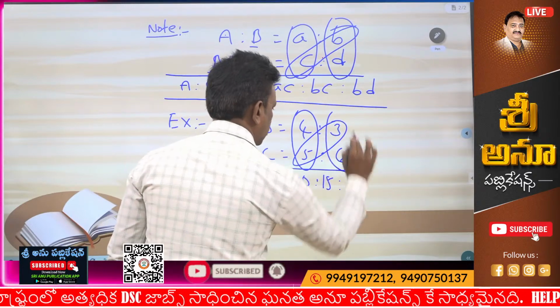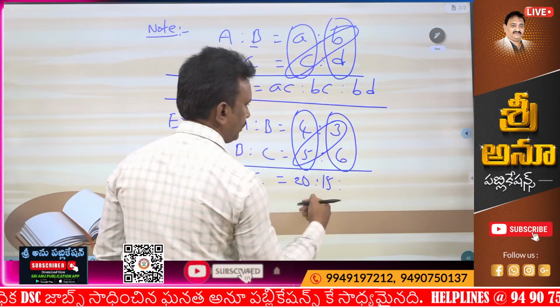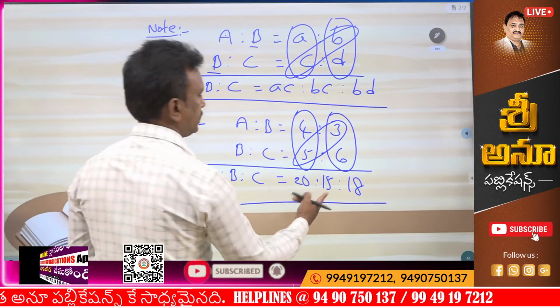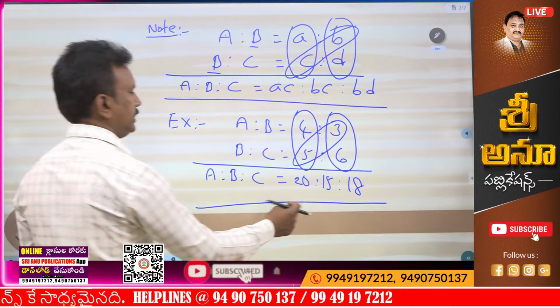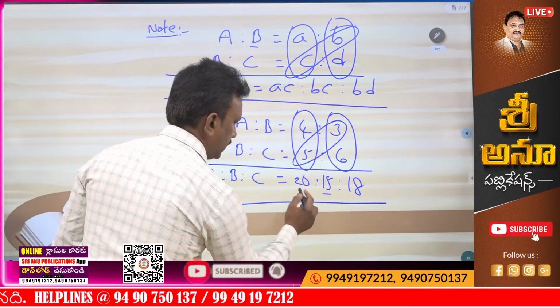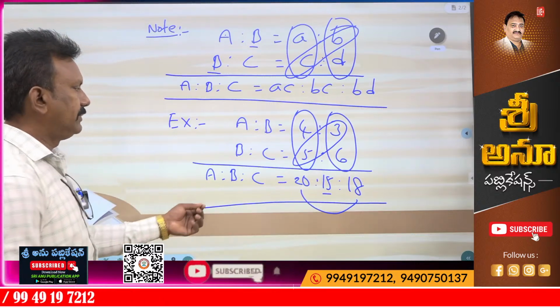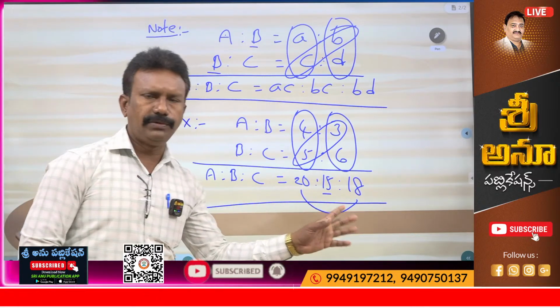And the multiplication of the last: 3 sixes are 18. Is there any common cancellation? There is no common cancellation, because 15 is an odd number and 20 and 18 are even numbers, so there is no common factor. The final answer is 20 is to 15 is to 18.